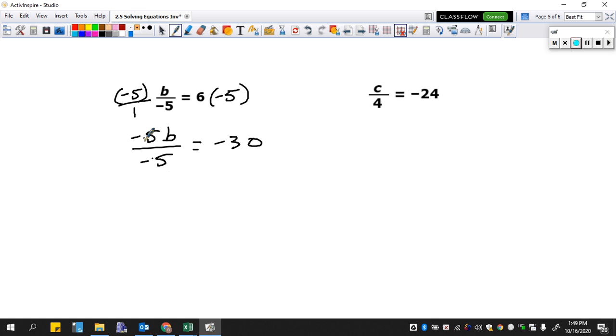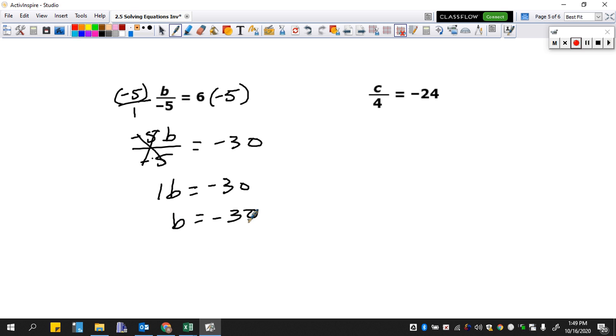Negative 5 divided by negative 5, when we simplify, that just simply turns into 1b is equal to negative 30, or simply b is equal to negative 30. All right. Normally we don't go through this entire step here, but I wanted to go through it while we're going through this lesson for the very first time so that you understand how these negative 5s actually cancel out.